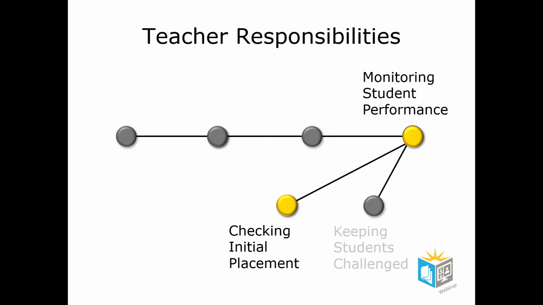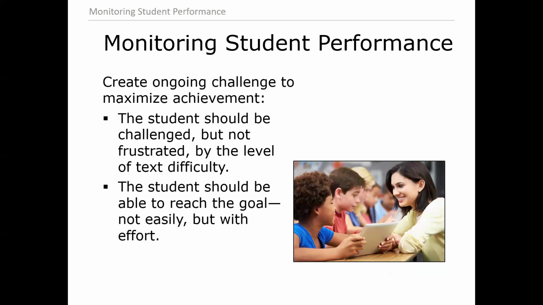So we're going to start today with talking about the initial phase of that, which is checking initial placement. And it's always important to keep in mind that we need to maximize the students' achievement, right? These students are behind. They are struggling readers. And so we need them to make as much progress as possible. Intuitively, we all know that growth happens best when you push yourself, right?